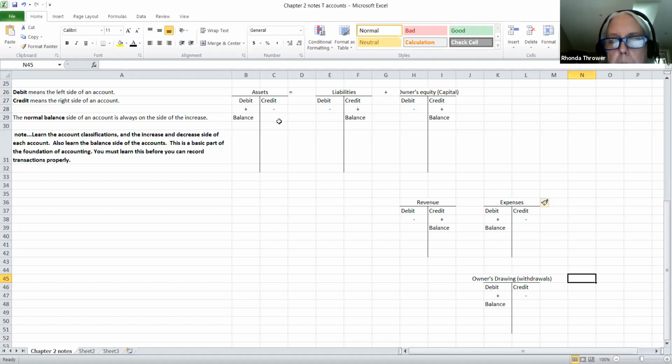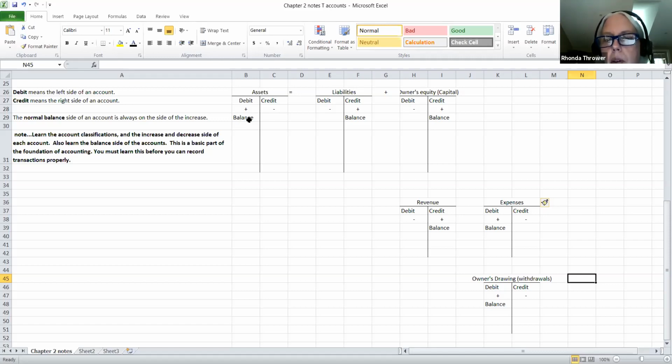And if that happens, then usually there's something wrong with your asset accounts. So you need to go back and try to figure out what's wrong with them or what's wrong with your transactions. The normal balance side should always be on the side of the increase of the account.